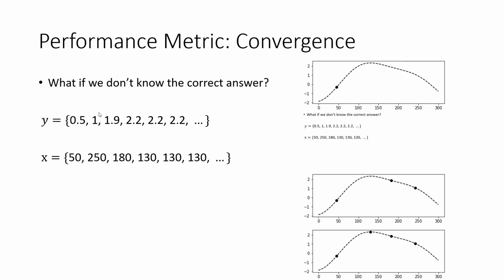So in this case, we're sampling this function, and at some point our y is converging to 2.2, or our x is converging to some location, in this case 130. At this point, we can shift our mode of optimization.